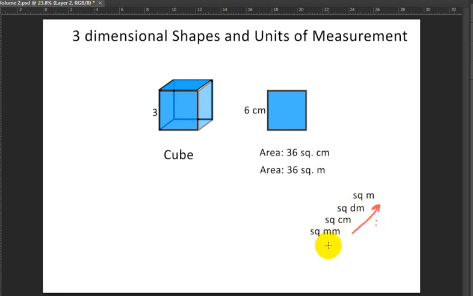And for each step up that I take, I need to divide the number by 100.